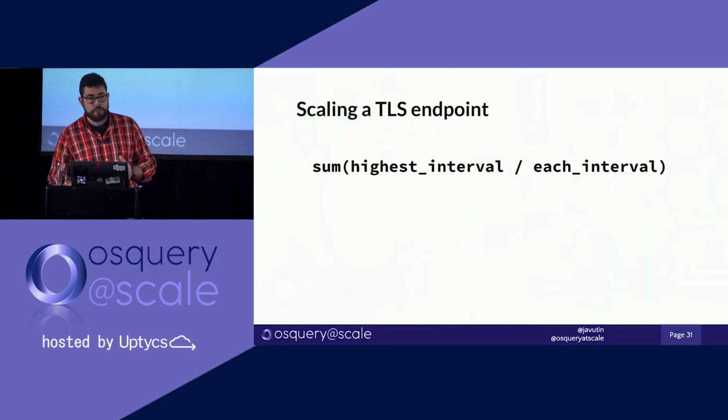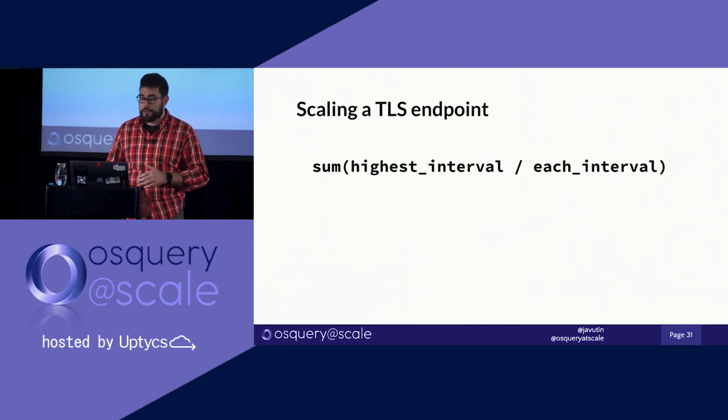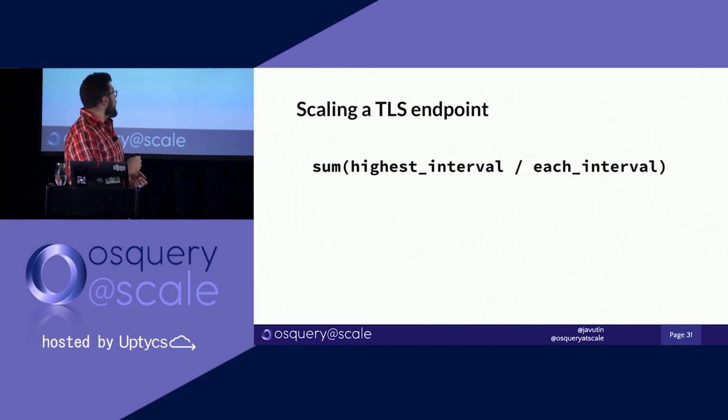This is an estimation, and there are some caveats that I'm going to go through in a minute. But basically, you take the highest interval, you divide it by each of the intervals, and then you sum all those values.